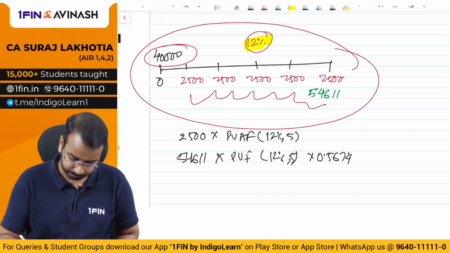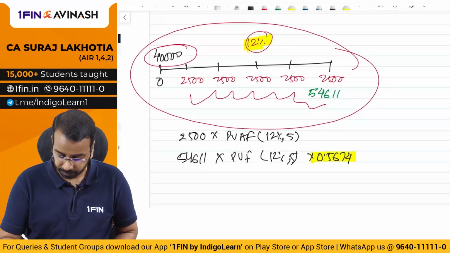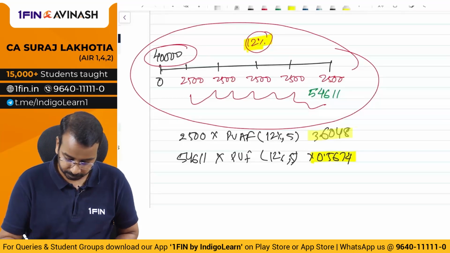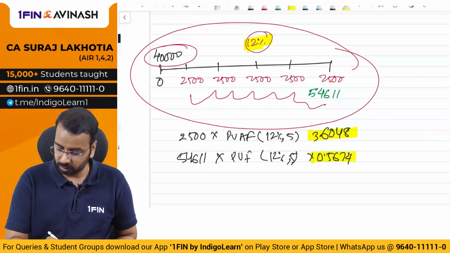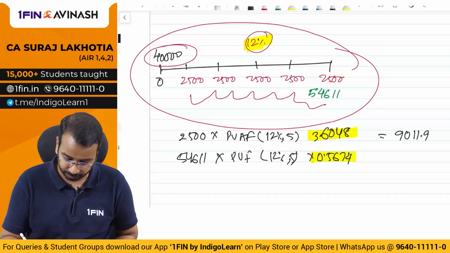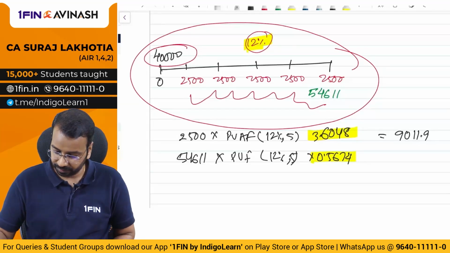And the annuity factor total is 3.6048, into 2500, that is 9011.9, and 54611 into 0.5674.